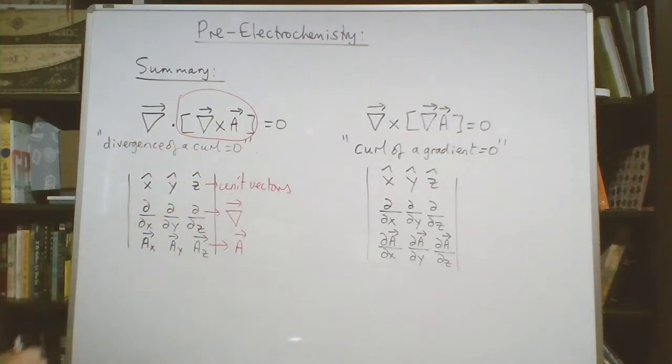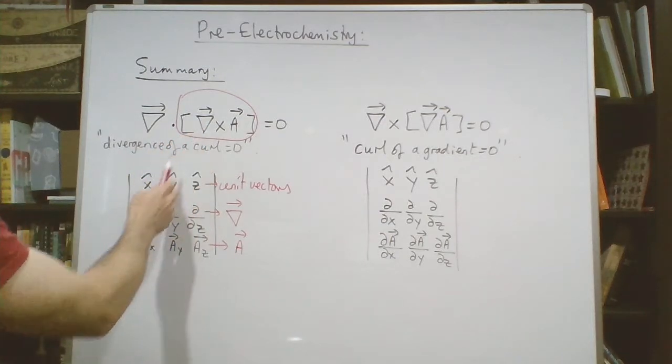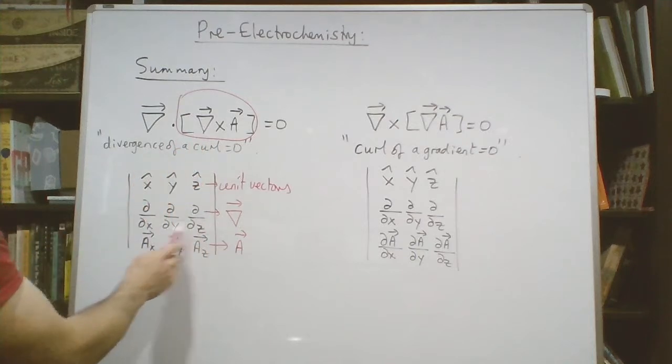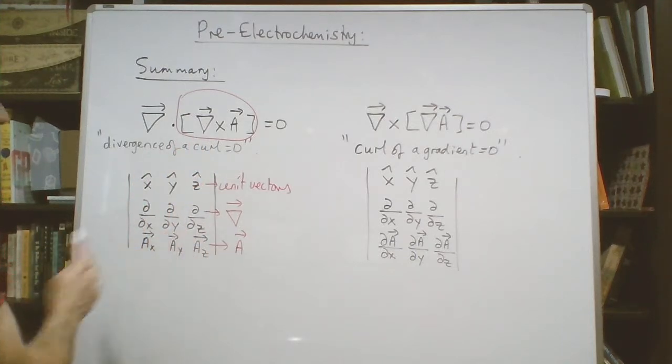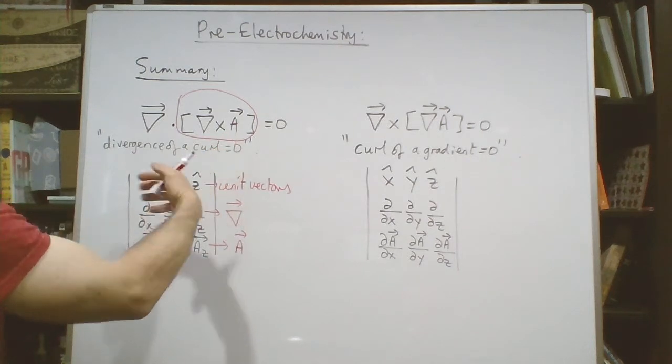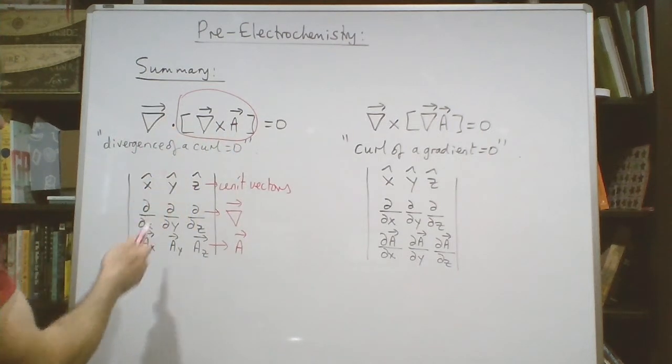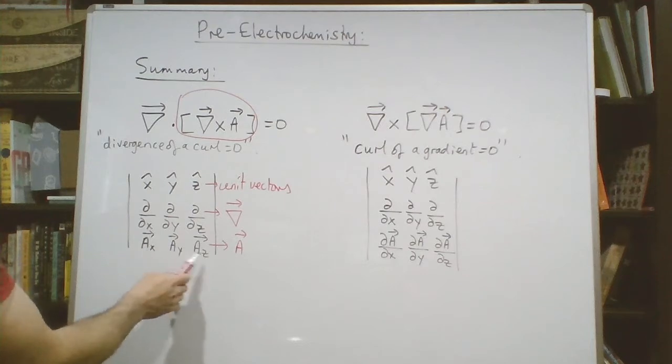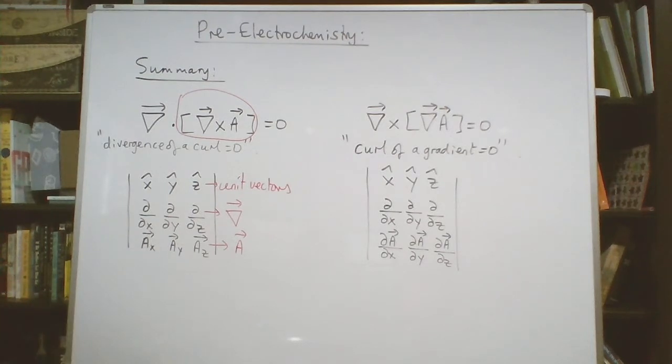We have x, y, and z coordinates. We've got the del again, which is d by dx, d by dy, d by dz. We've got the vector itself, the potential in the x, y, and z axis. And then we always start with the unit vectors.